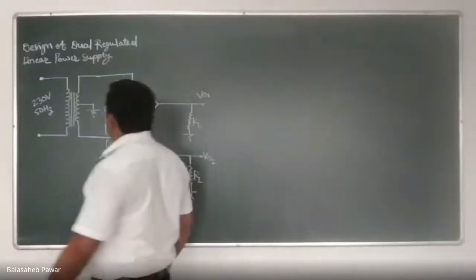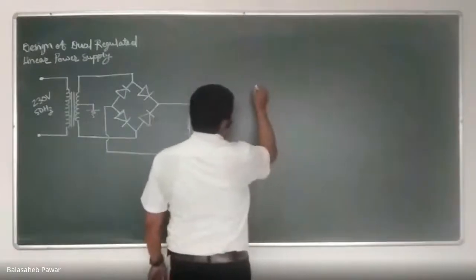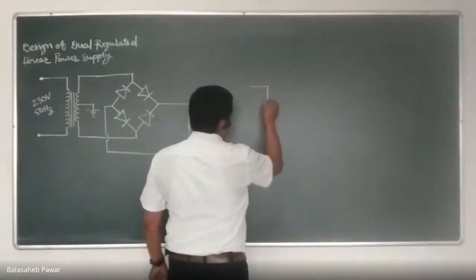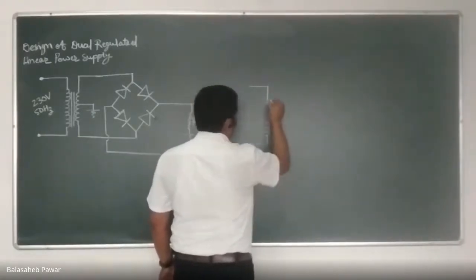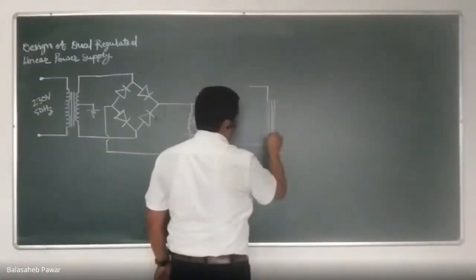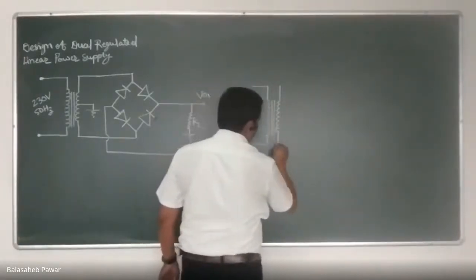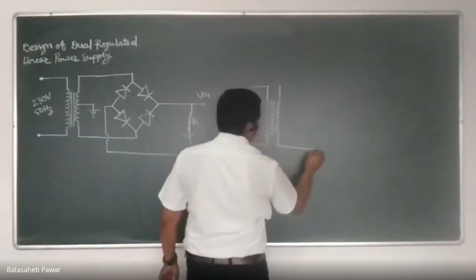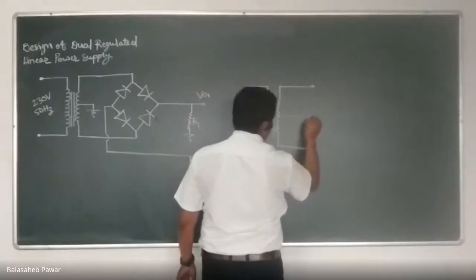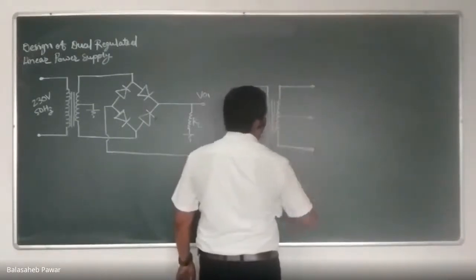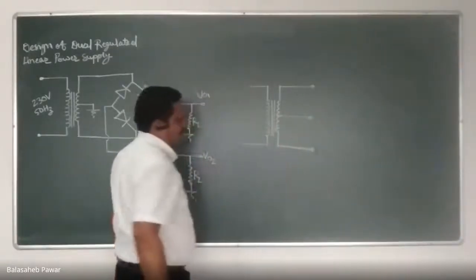Right. Okay. So before going to this working, I would like to explain the basic working principle of this step down and center tap transformer. Already we discussed its construction. During the construction, I told how that center tap terminal is taken out. It is simply extracted at the center of that secondary coil.